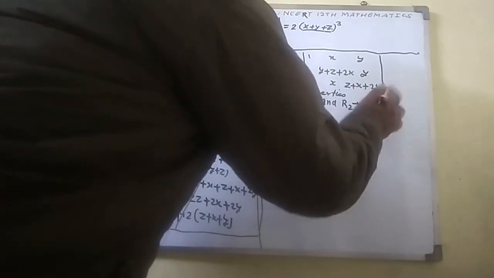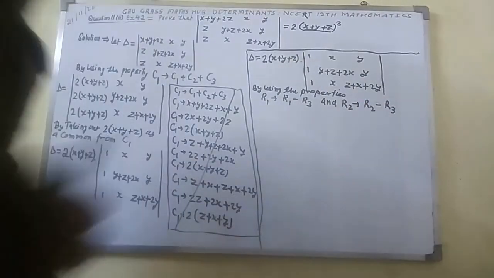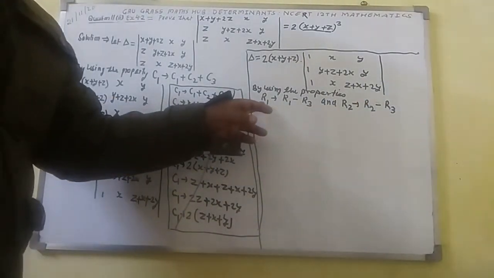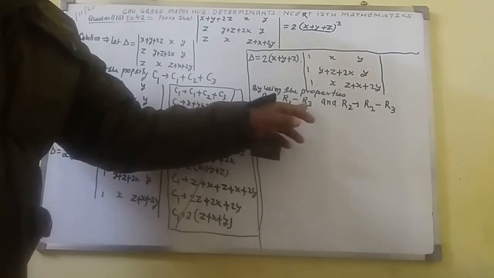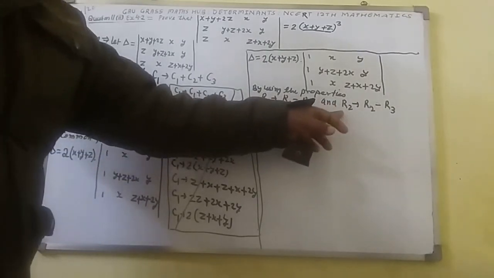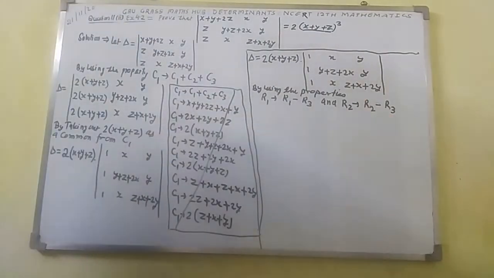This property I shall use. By using the properties R1 goes to R1 minus R3, R2 goes to R2 minus R3, let us see what happens.